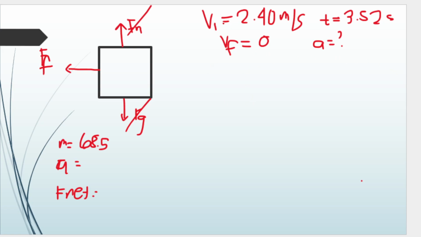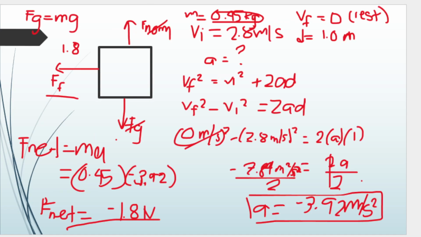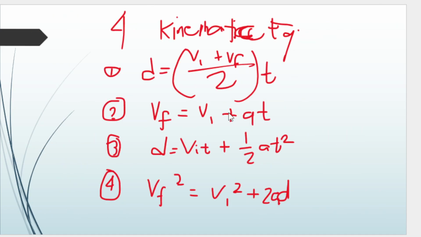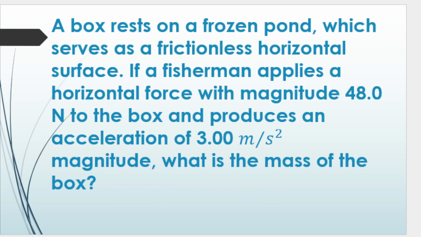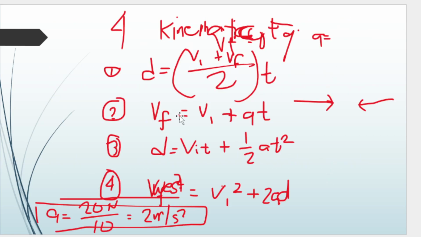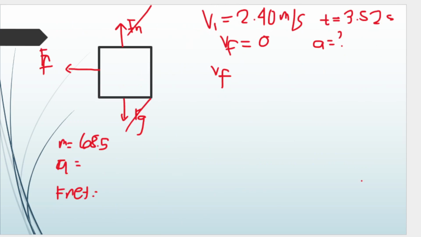Okay, so with that, we can use the second kinematic equation, which involves the initial velocity, the final velocity, the acceleration, and the time. So, velocity, ako na lang i-transpose daan sa initial velocity. Then we have a t.